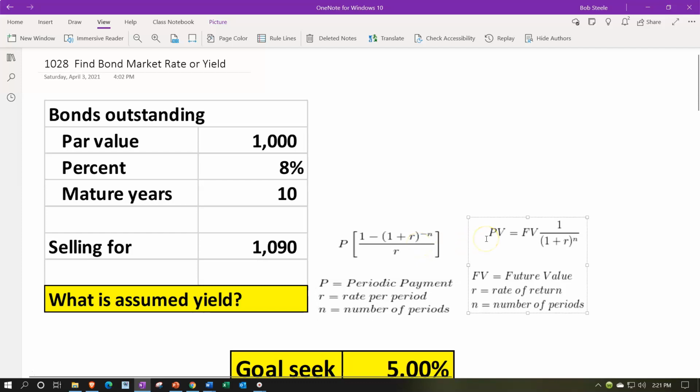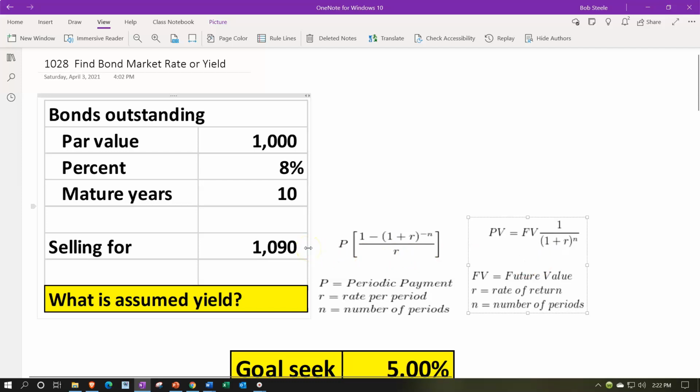And we'd have to present value the ending number, the 1,000 that we're going to get, the par value, the maturity value, using the present value of 1, which also includes R, the market rate. Because we have these two formulas, typically we add those two together to get the selling price.